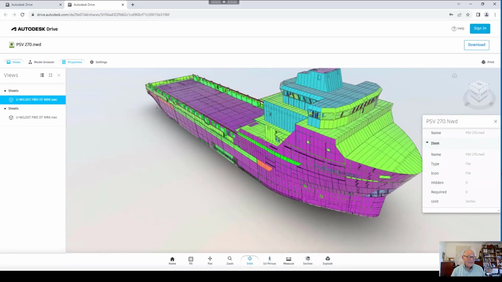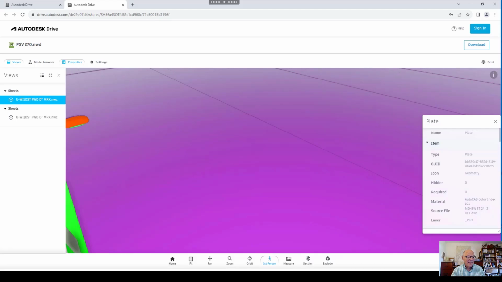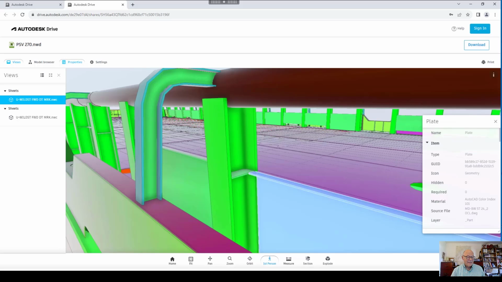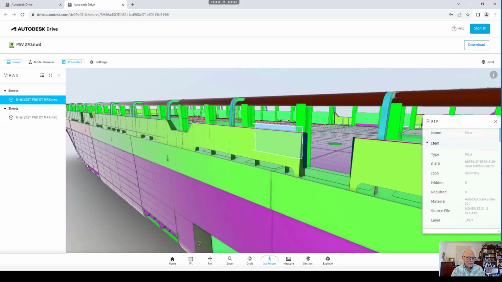You can also get down inside the ship. If you look at first person, it's always doing that. So if you go down kind of in here someplace and double click, you notice now you're inside the ship. It's not quite. Let's see. Down below.